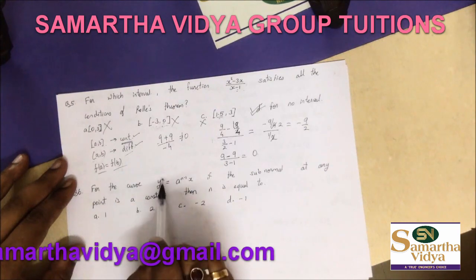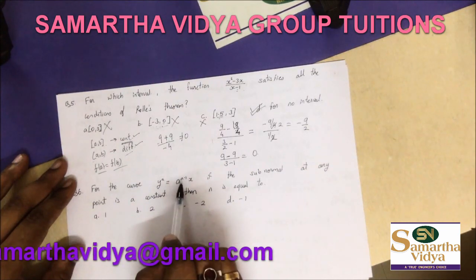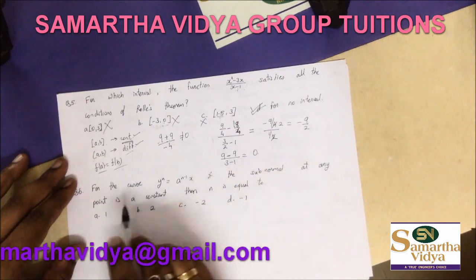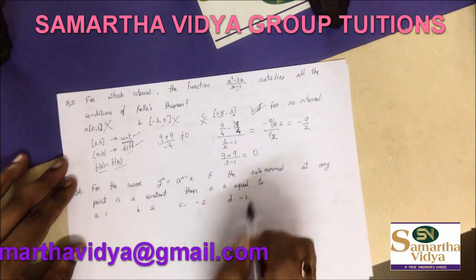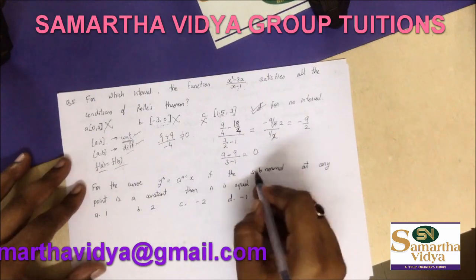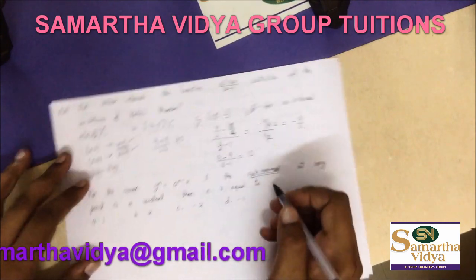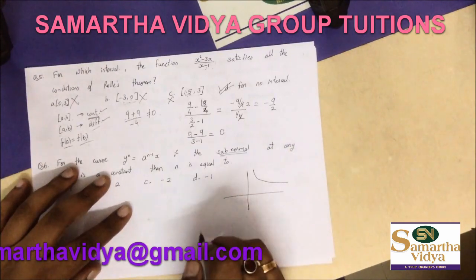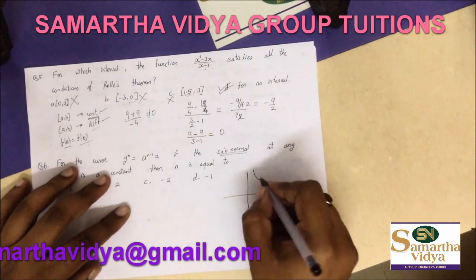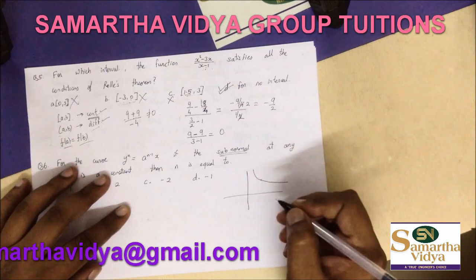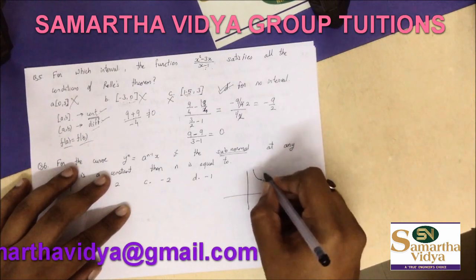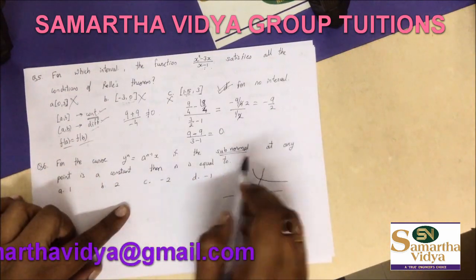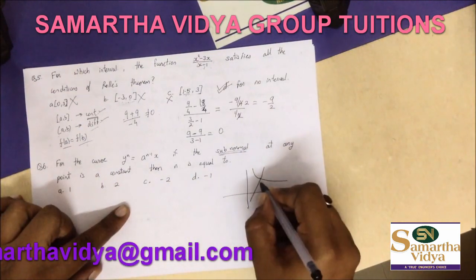For the curve y^n = a^(n-1) x, if the subnormal at any point is a constant, then n is equal to. Now the concept of subnormal. Let us say that I have some graph. Let us say this is the curve, and at this particular point I am finding the normal. So let's say that the normal is passing like this. The subnormal is nothing but the distance.